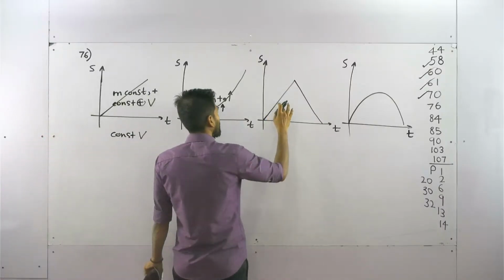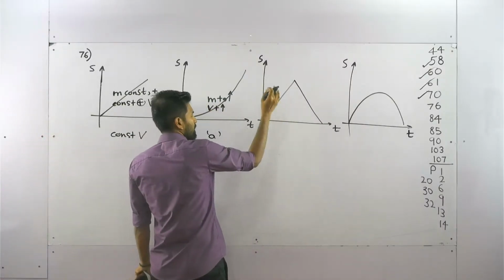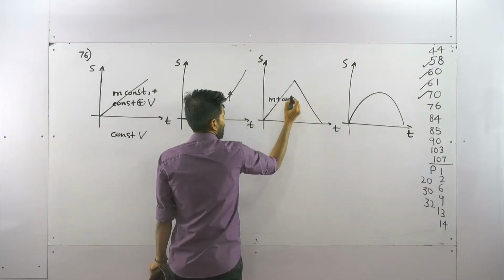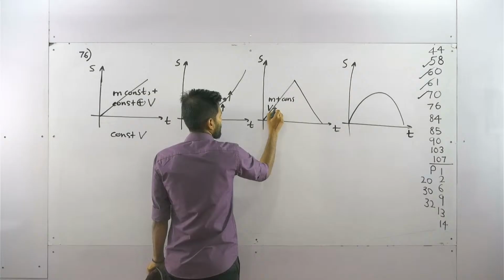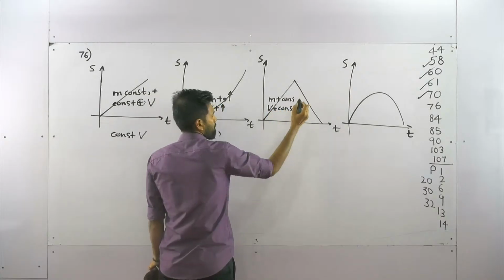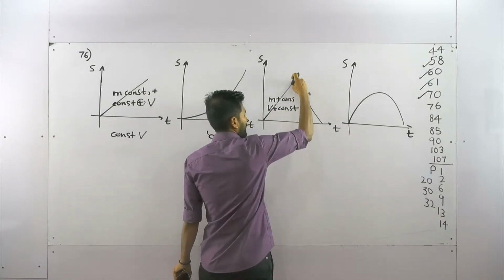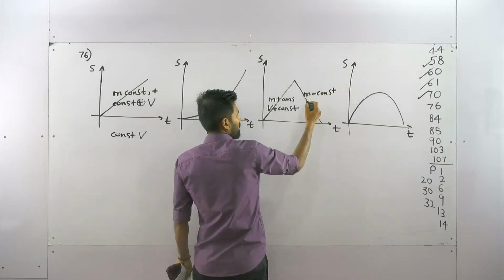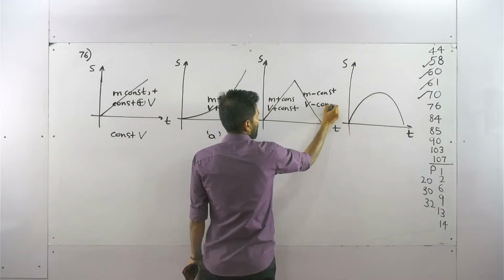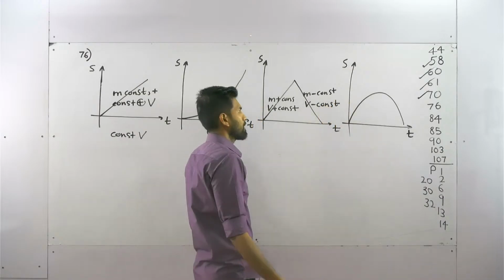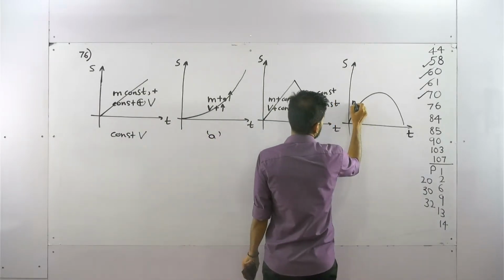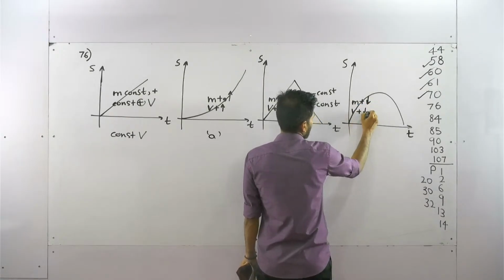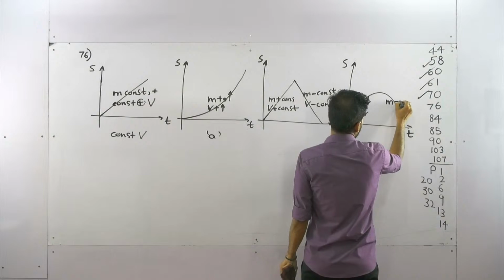Here initially gradient is a positive constant. So the velocity is a positive constant. Then the gradient is a negative constant. So the velocity is a negative constant. Here initially the gradient is positive decreasing, velocity positive decreasing, then gradient negative increasing.